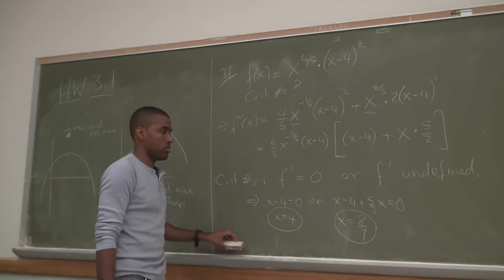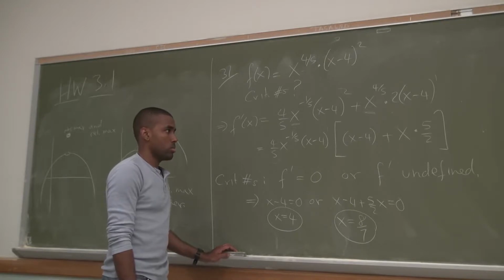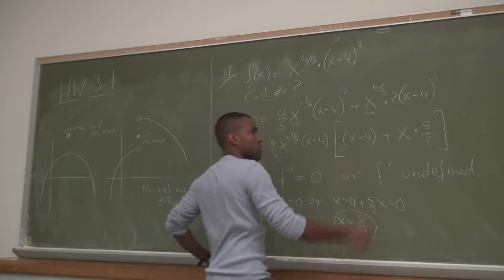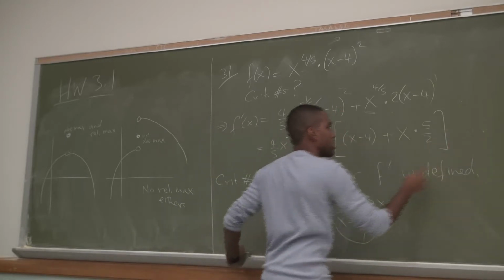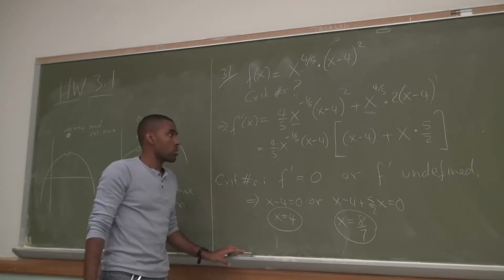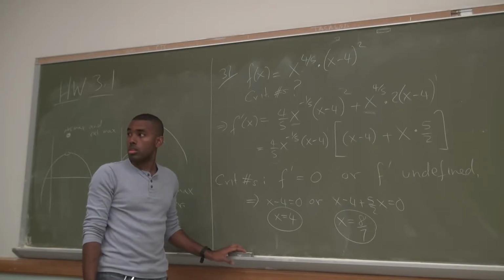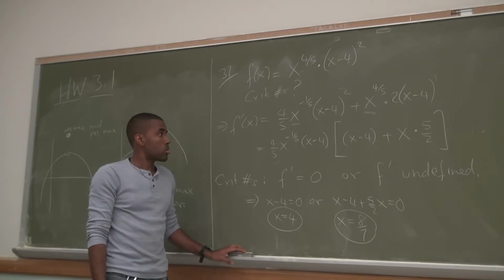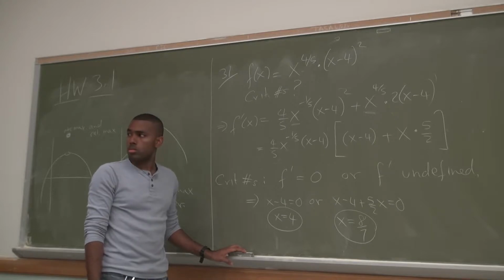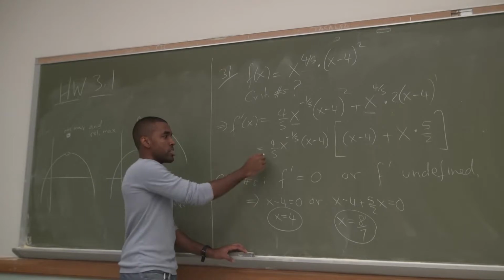How did you break it up like that? I factored it all. If I set this equal to 0, I just set each factor equal to 0. There are 3 factors in this thing, right?